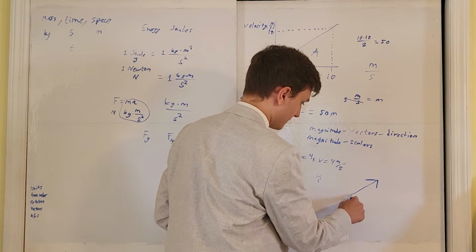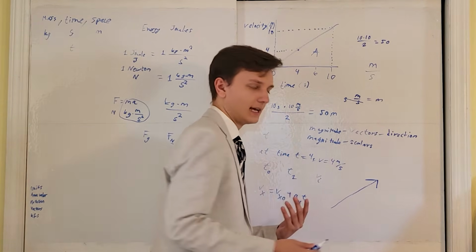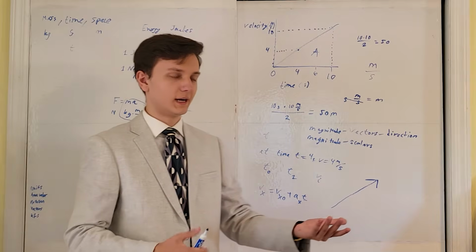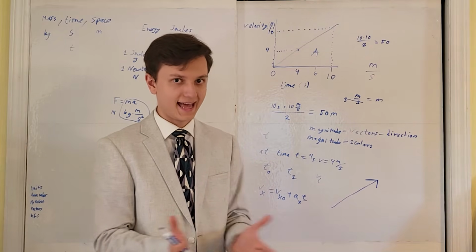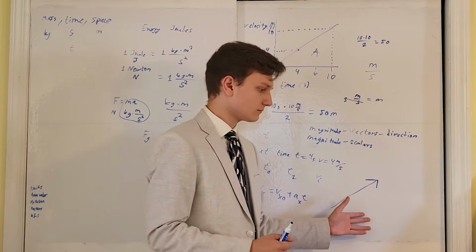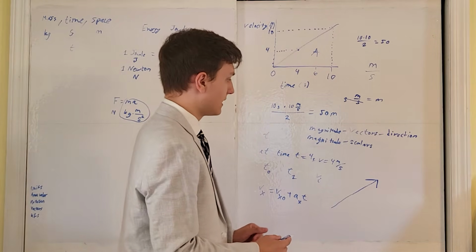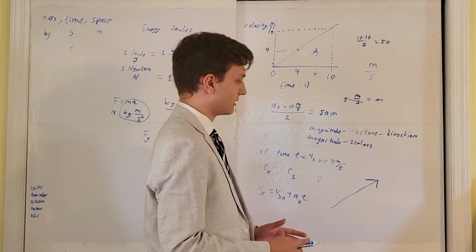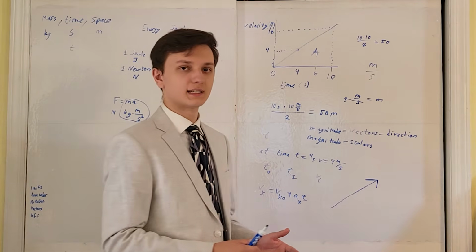Now, vectors, like scalars, can be added, okay? However, the difference being that when we add scalars, when you add 25 kilograms to 10 kilograms, you just add them and you get 35 kilograms. In a vector, you would add the vectors in the so-called tip to tail.